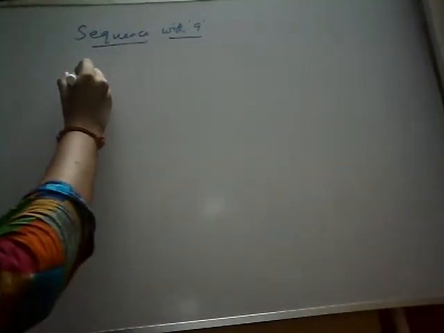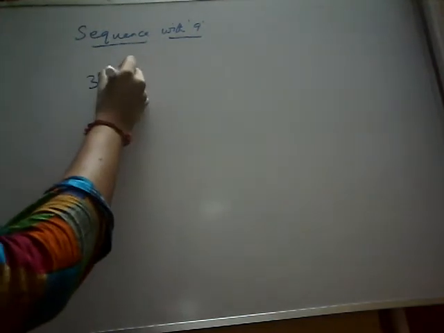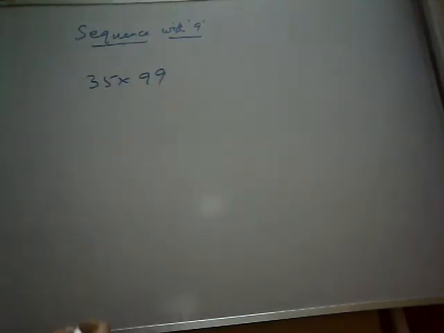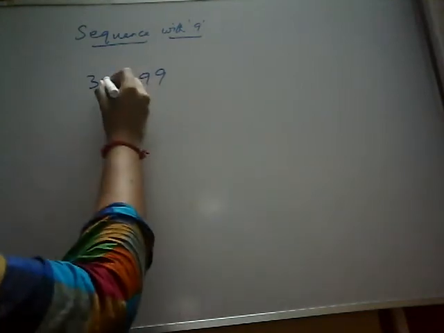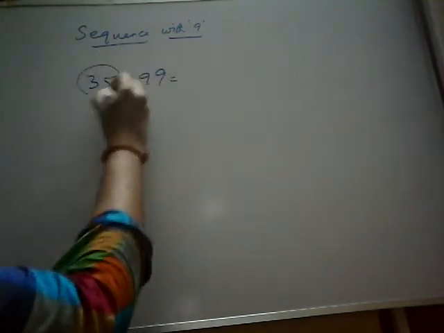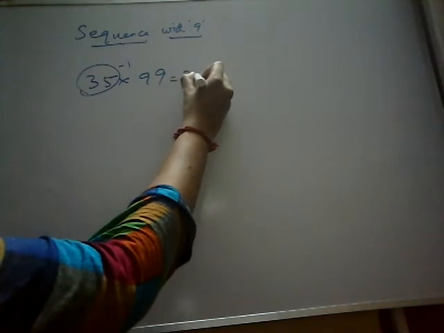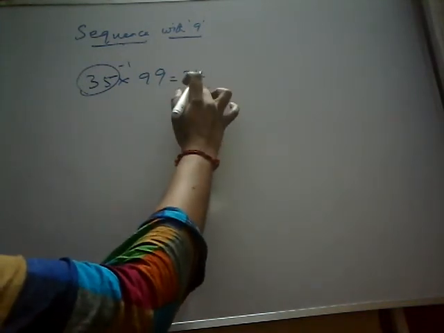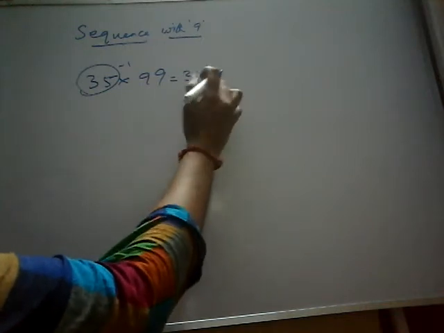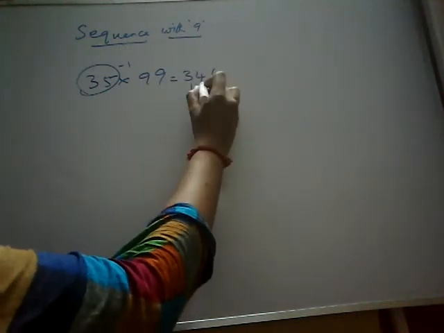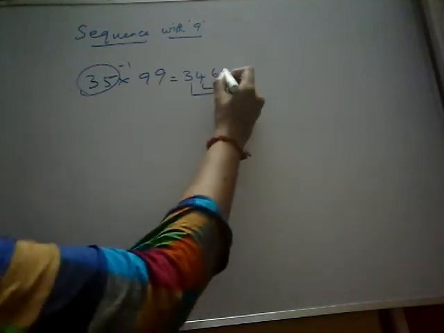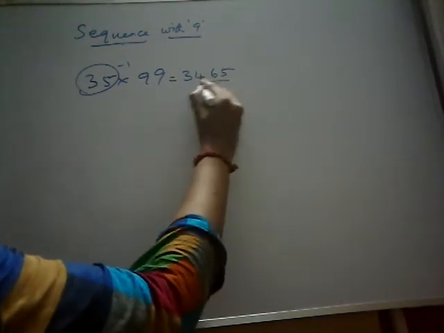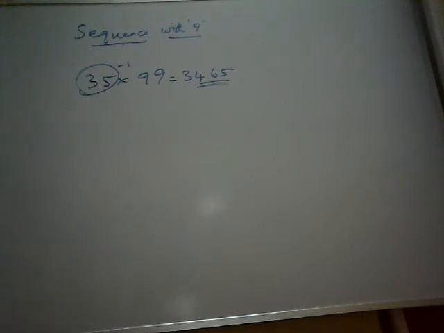Suppose you have 35 multiplied by 99. The shortcut method is subtracting 1 from the first number, that is 34, and then subtracting each digit from 9. First, 9 minus 3 gives 6. Next, 9 minus 4 is 5. So the answer is 3465.